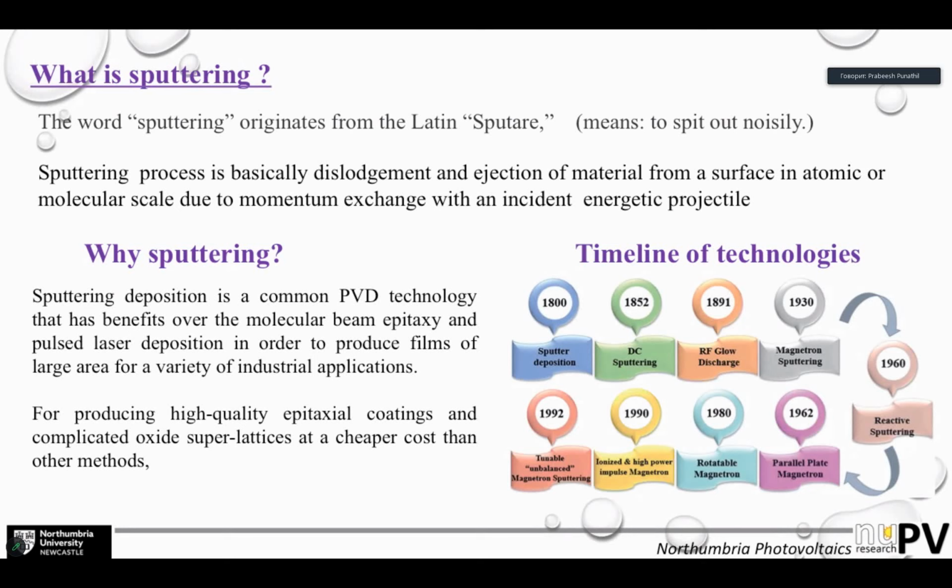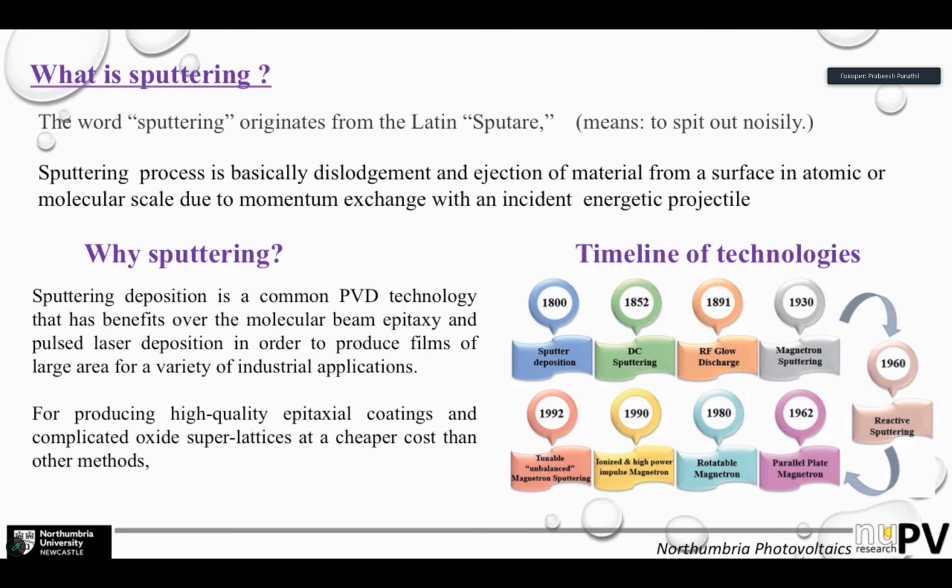There are a lot of limitations to thermal evaporation, so that's why we went to the sputtering technique to avoid those problems. Sputtering is the ejection of material from the target surface at an atomic or molecular scale, due to the momentum exchange between the incident ions and the target material.